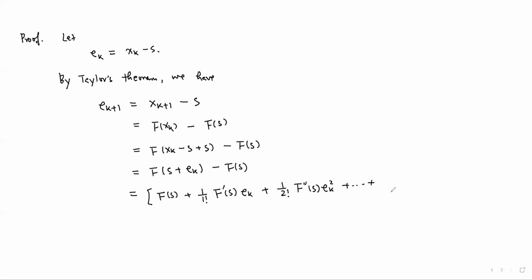How many terms? The last term is this: f derivative q minus 1 evaluated at s, times ek to the q minus 1.